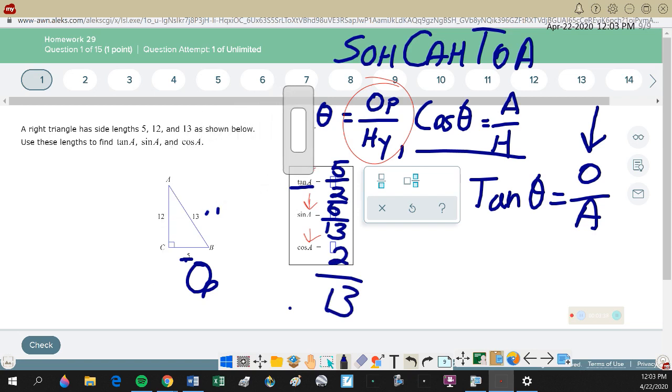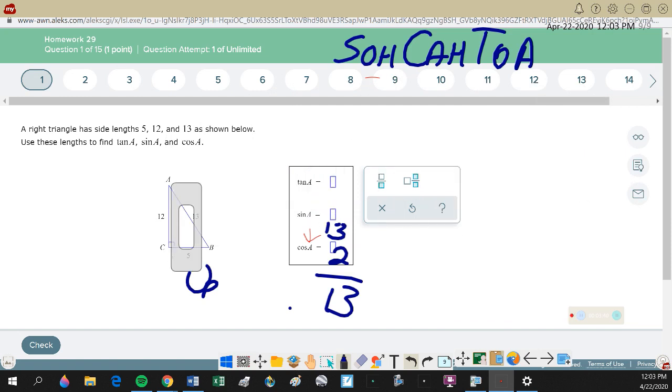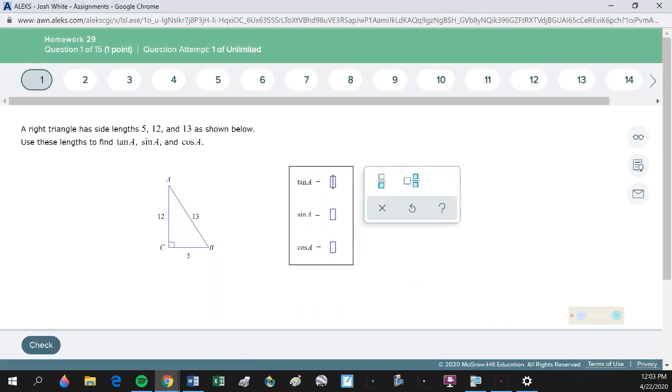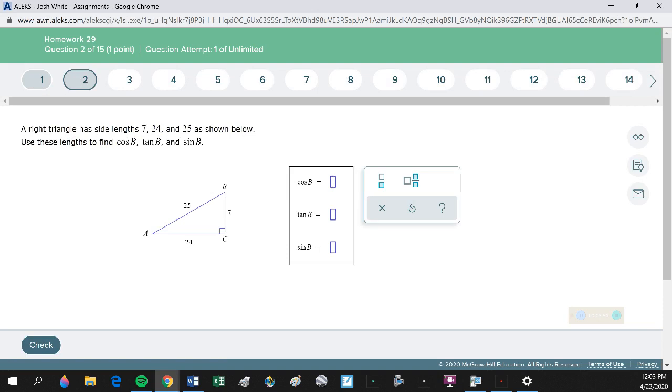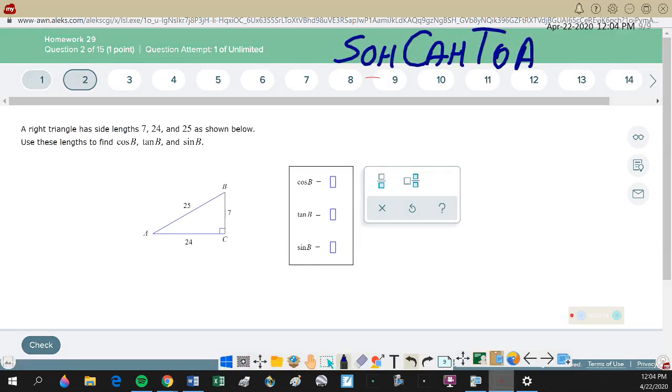Okay? So let me erase this. Let's look at a different problem. So here we have cosine of B. So here's my angle.